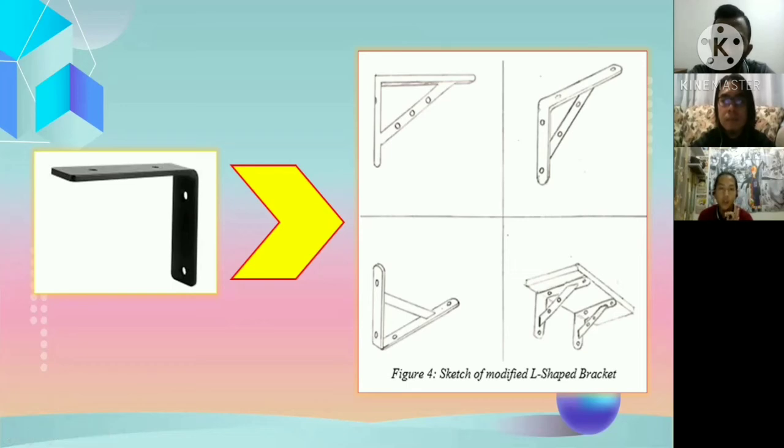Therefore, one way to prevent the creep is by adding a support structure on the top and the bottom part of the L-shaped bracket, as shown in figure 4, which makes it look like a triangle structure. This triangle-shaped bracket has a simple look, but it is more stable and sturdy, and it can withstand more load.